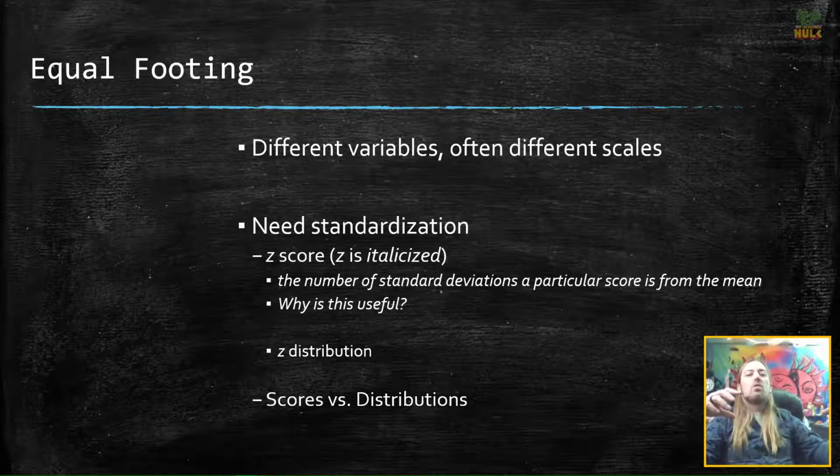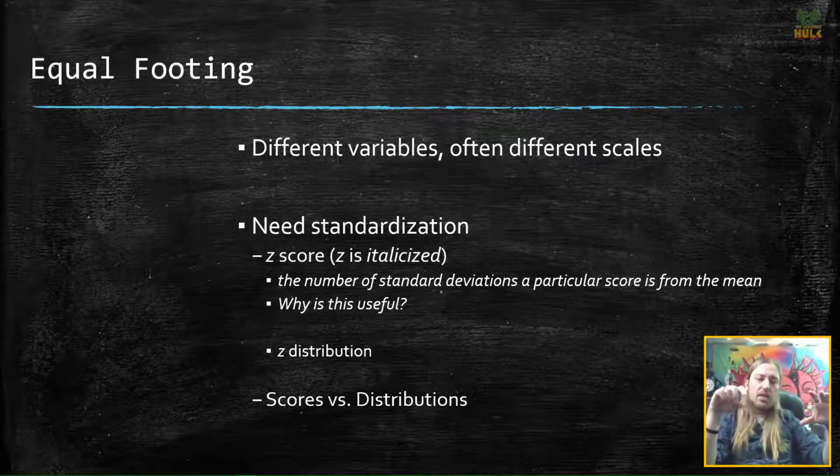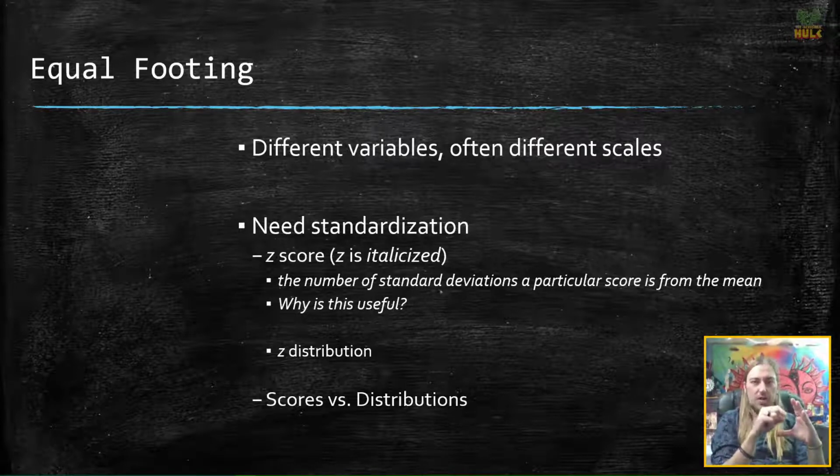Standardized scores are what are called z-scores, so it's a lowercase z, and just like all our statistics and parameters, we italicize them when we type them. And essentially, instead of now creating a distribution that says where you are on that scale relative to other people on the scale, now we say where you are in standard deviation units relative to everyone else in that population.